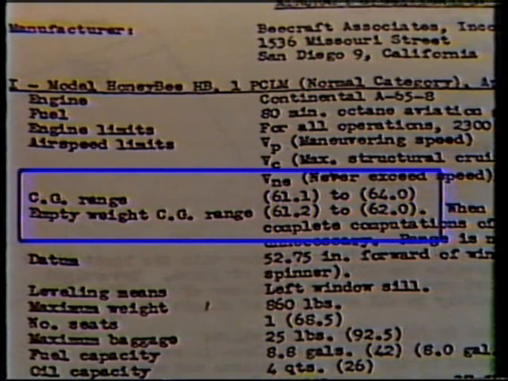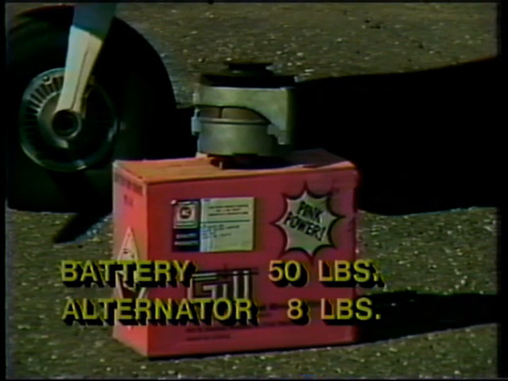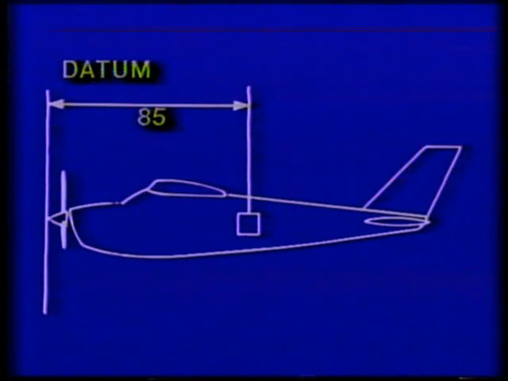The datum is located at the propeller spinner. Suppose we want to add an electrical system with a battery weighing 50 pounds and an alternator which weighs 8 pounds. Let's locate the battery at station 85, 85 inches to the right of the datum, and the alternator at station 26.